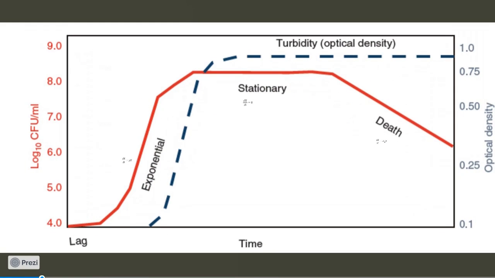Practically, cell division occurs after initially passing through an acclimatization phase which we call the lag phase. The growth of the organism in the batch system of cultivation gives the characteristic growth curve with lag, log, stationary and dead phases.